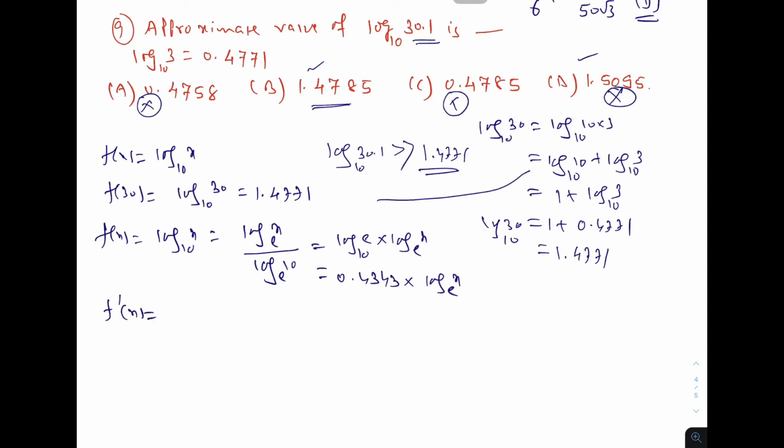f dash x is 0.4343 into 1 by x. So f dash 30 is 0.4343 into 1 by 30, and you can easily do this now, and it is 0.01448.